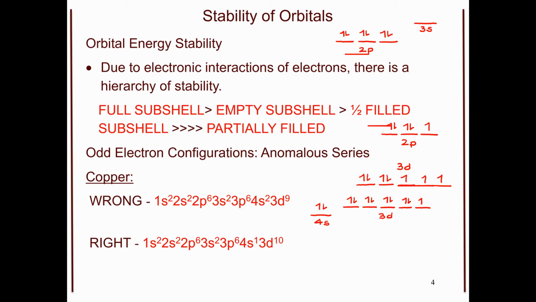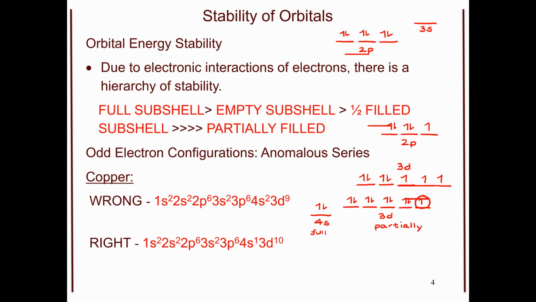But the problem here happens to be this electron right here. It is perturbing the 3d subshell. Currently I have a full subshell, and here this is claimed to be partially filled. What can I do?